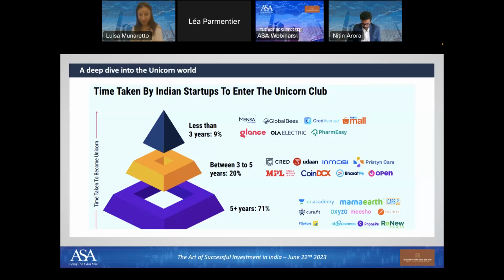Then you have other success stories which are always aligned to these sustainability values connected to the respect of environment and social balance. So you have Ola Electric, and you have also Farmer Easy, which provides easier access to pharmaceutical products.